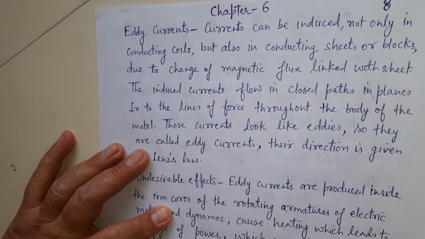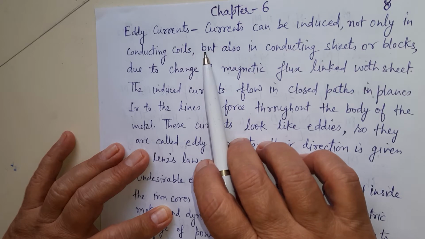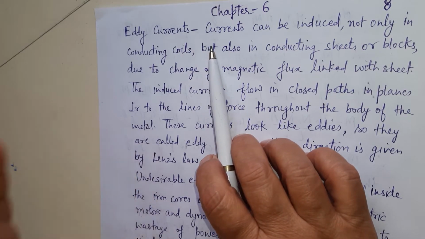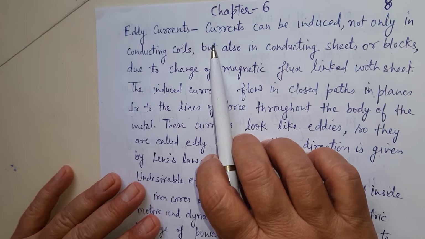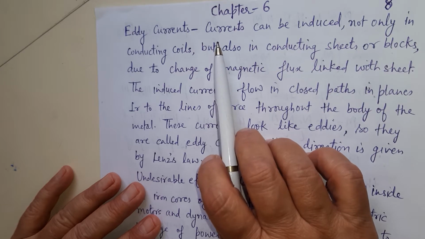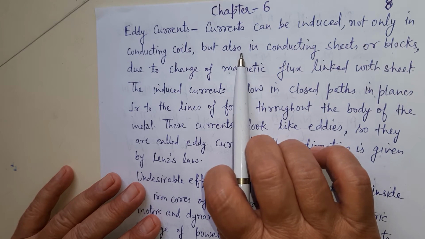Currents can be induced not only in conducting coils, as we have seen in almost all topics of this chapter, starting from Faraday's law of electromagnetic induction, that there is induced current produced in a coil whenever there is change in magnetic flux.